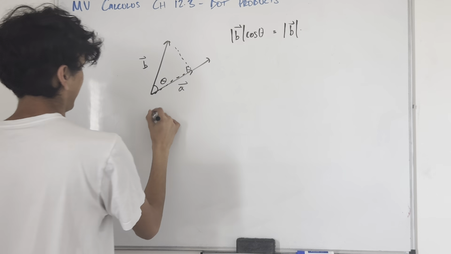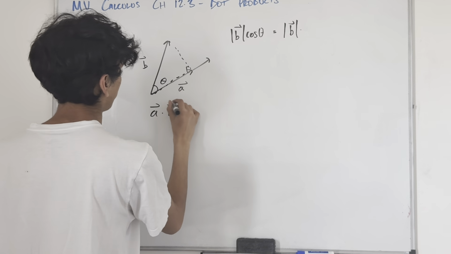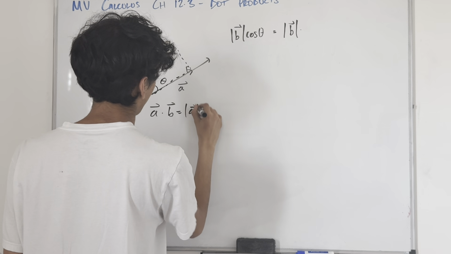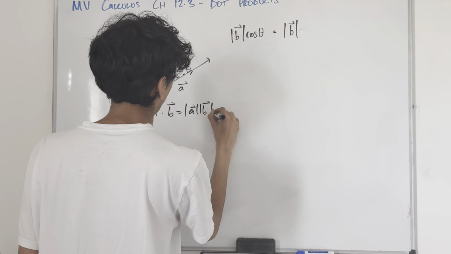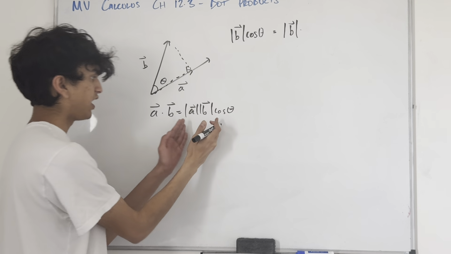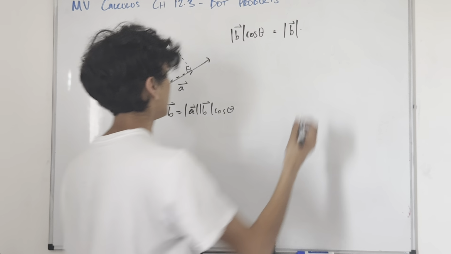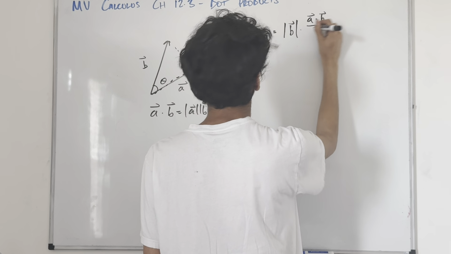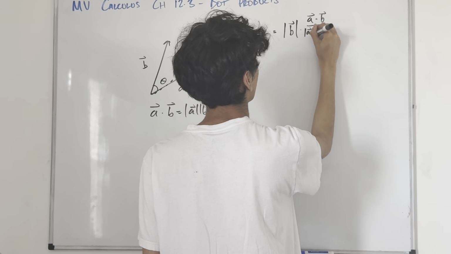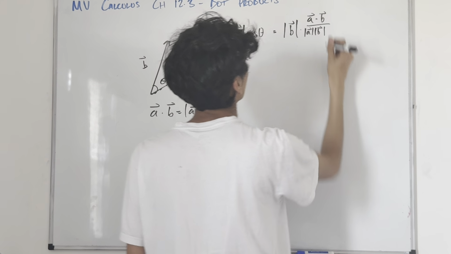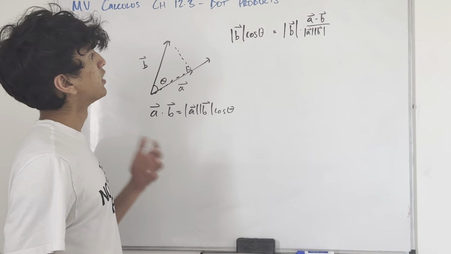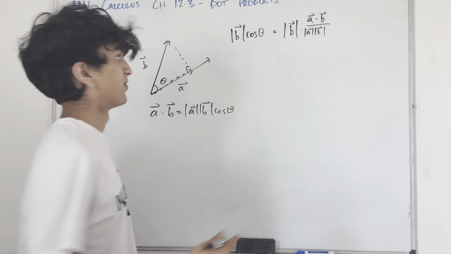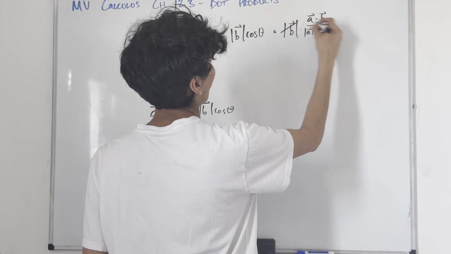A dot B is going to equal the magnitudes multiplied times cosine theta. If I rearrange for cosine theta, I just divide by the magnitudes, and I get A dot B over magnitude A times magnitude B. Oh, would you look at that? They kind of cross off, right?